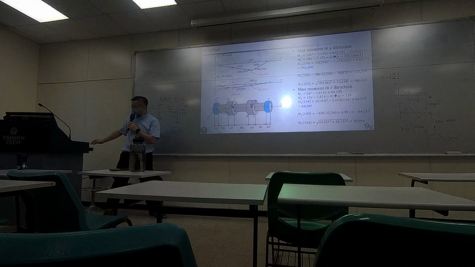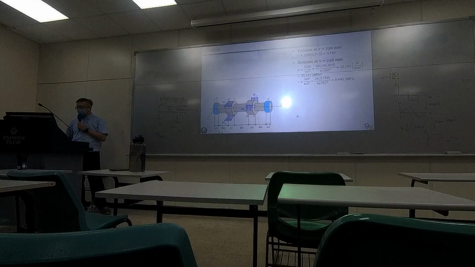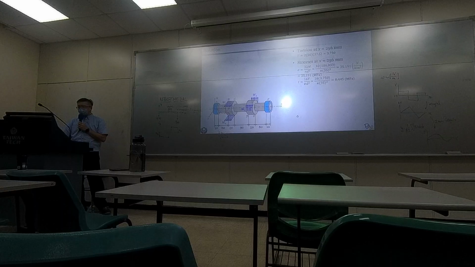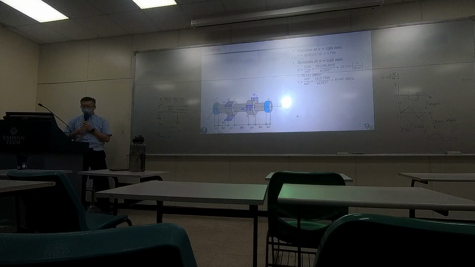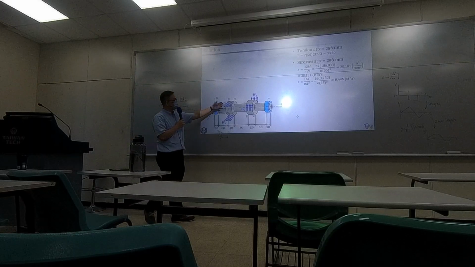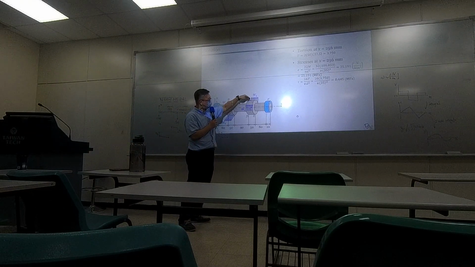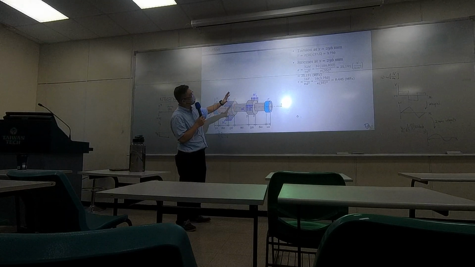Okay? So what's next? With the information of the largest moment, we now figure out the torque. Torque is easy. Because the force on both edges is different, you can compute the torque easily.